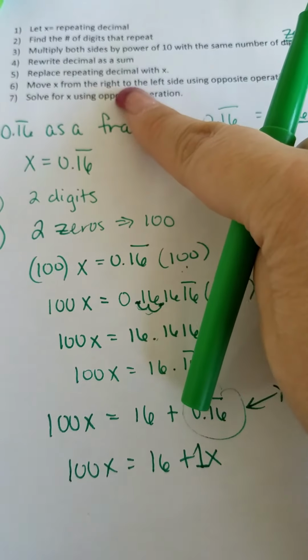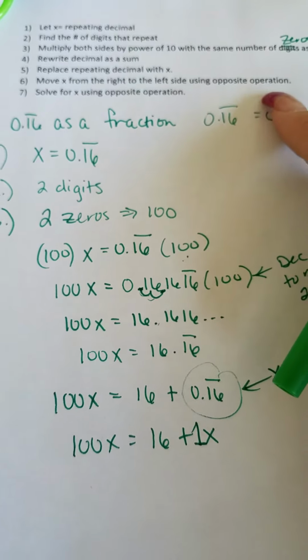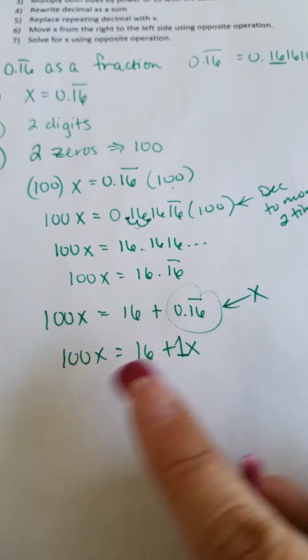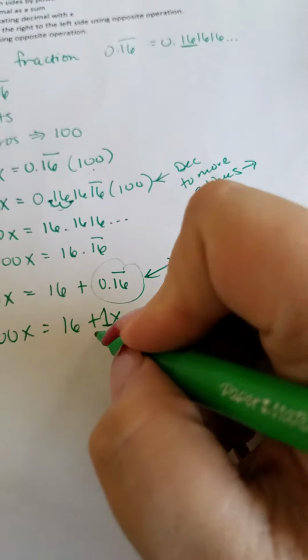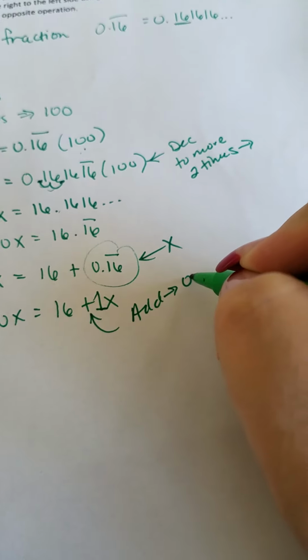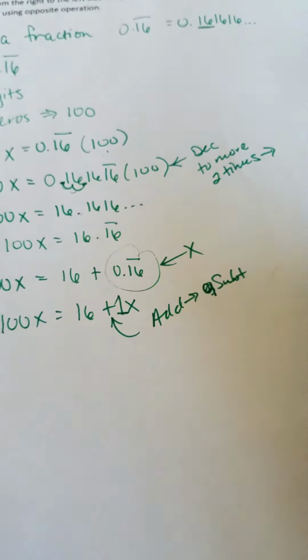Number 6. Move x from the right to the left side using an opposite operation. Okay, so we want to move this x right here on the right hand side to the left hand side. What operation is going on here? We have addition, and the opposite of that is, oh my gosh, subtraction.